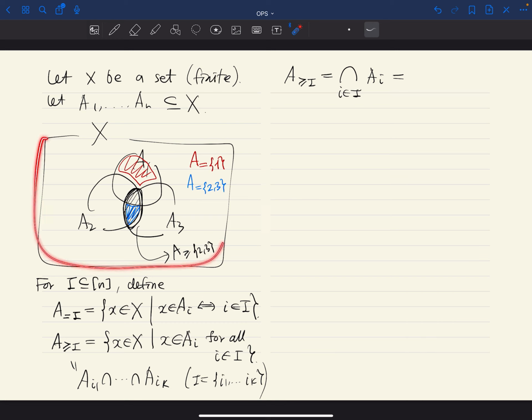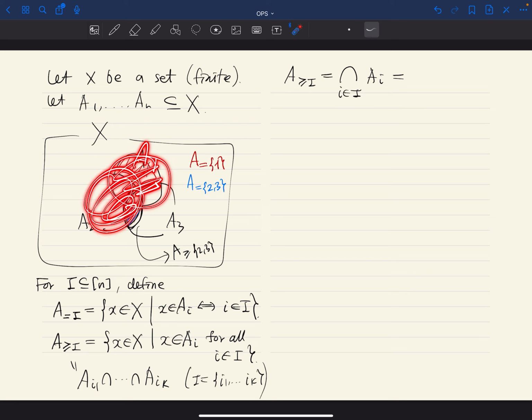We have some object here, and A1 is the set of objects having property 1, A2 is the set of elements having property 2, etc. So this means the set of elements having exactly the properties in I. And this is the set of elements that has at least those properties. They may have more, but we don't care.